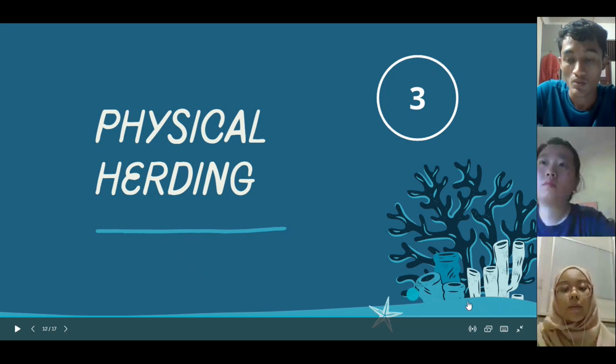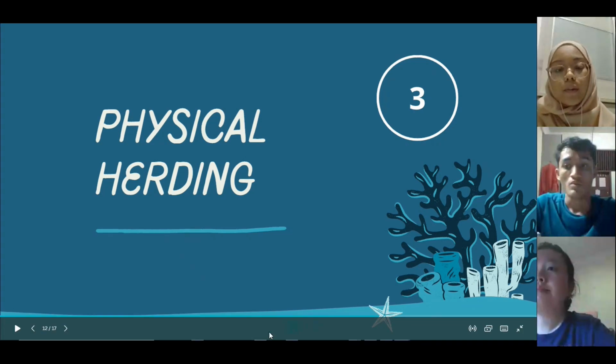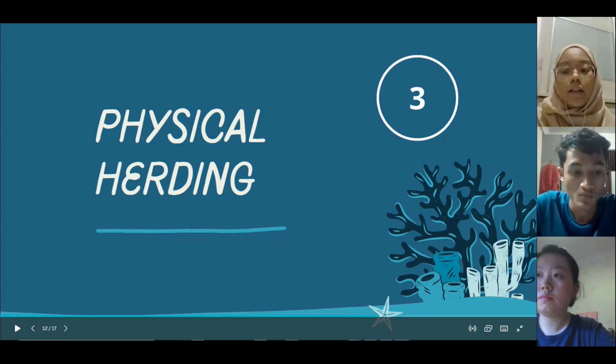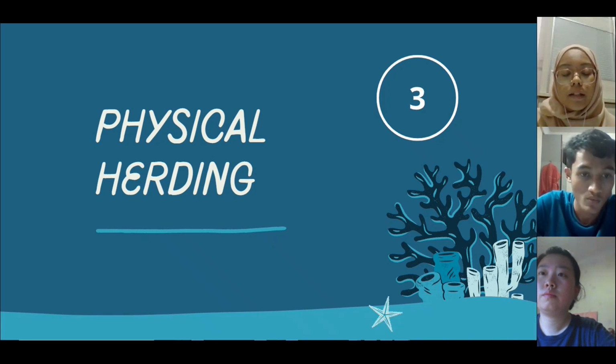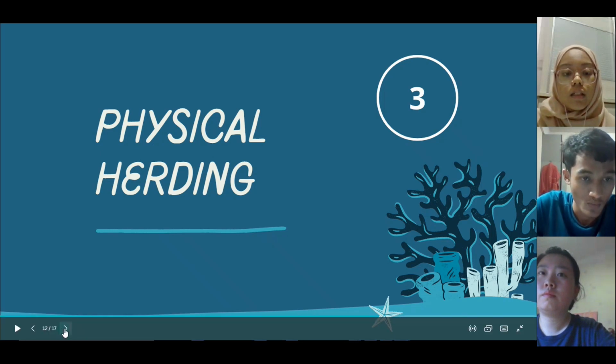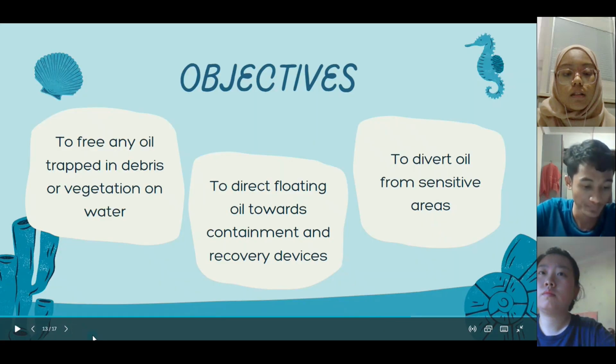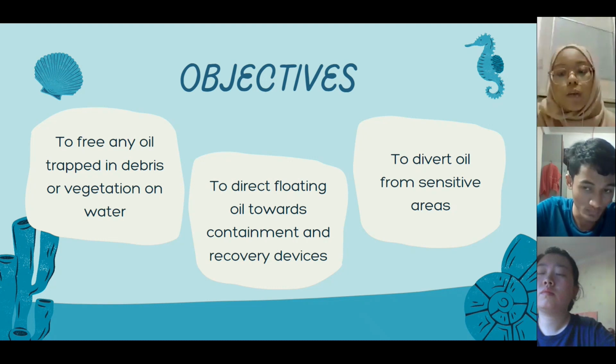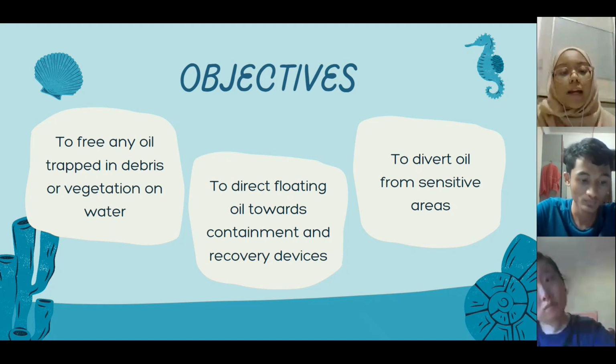Okay, so now I'll present the third part, which is physical herding. The objective of physical herding is firstly to free any oil that is trapped in debris or vegetation in water.